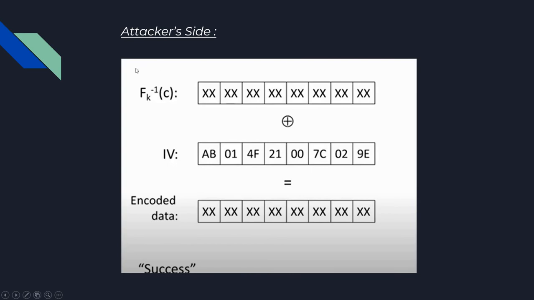Consider this is all happening on the attacker side. The attacker knows that the receiver will apply the inverse of the function, which is completely unknown to the attacker, and the receiver will XOR that data with the initialization vector to form the encoded data. First, the attacker will get the success message that the data is perfectly encoded, so the padding oracle will not throw any error.